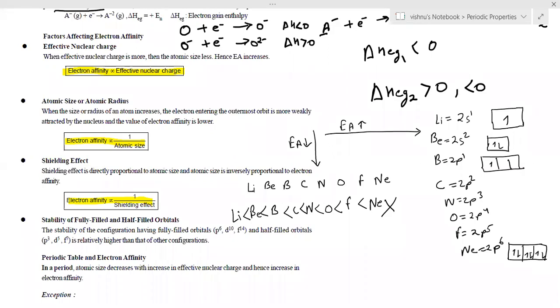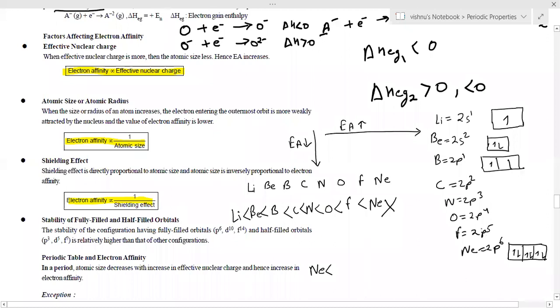Okay. So I can say that in case of neon, neon will have the least electron affinity. So neon is less than. Now after neon, fluorine, see fluorine 2p5.